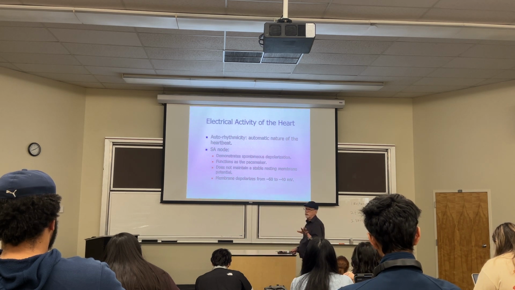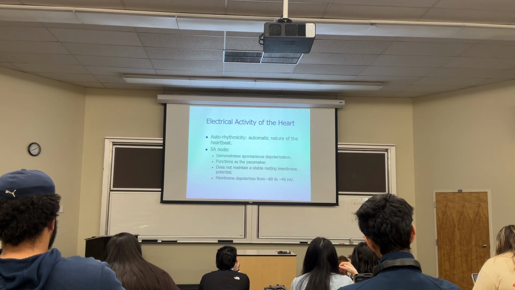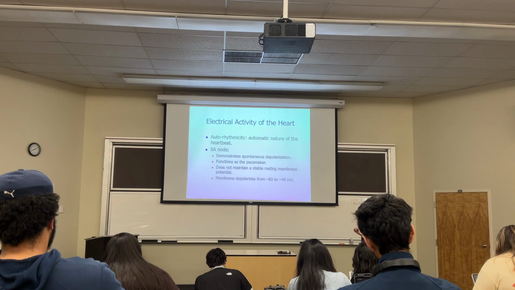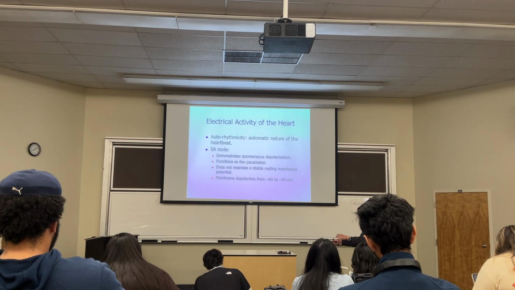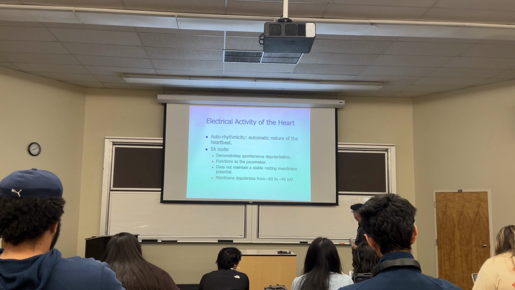They're able to spontaneously depolarize from -60 to -40, which is threshold, which will open gates and cause an action potential, which will then spread from the sinoatrial node through the atrial cells, to the AV node, and eventually to the ventricles.